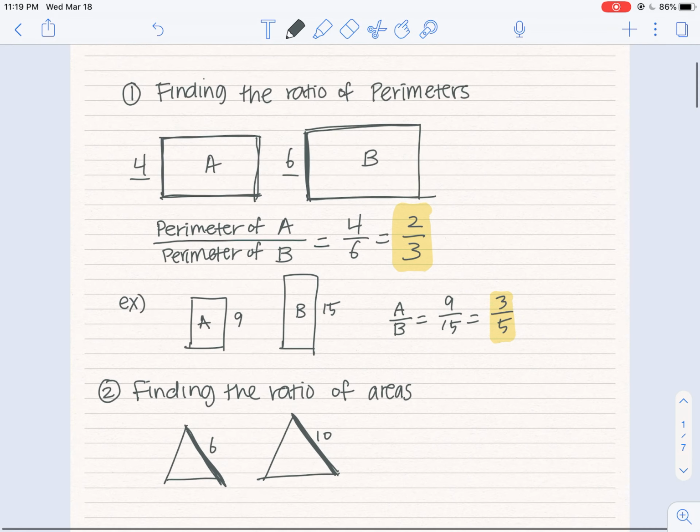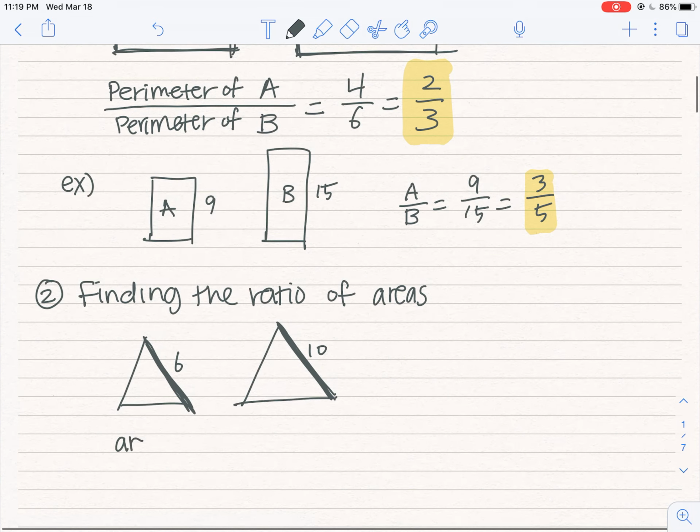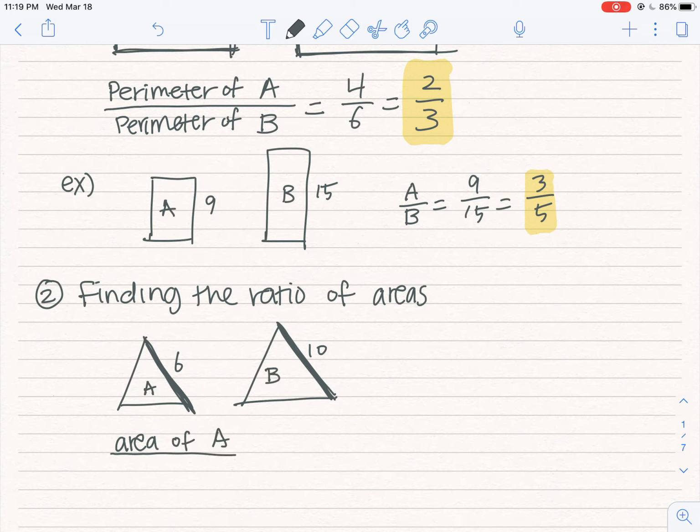So I'll put it right here. Area of, I'll put A and B again. A over area of B. Now, how do you find that out?